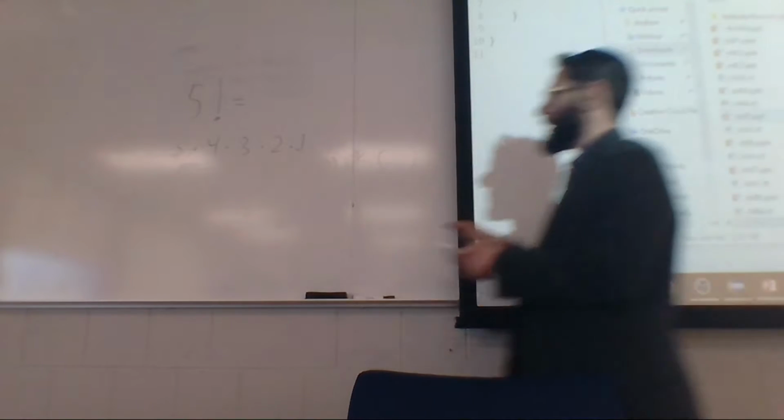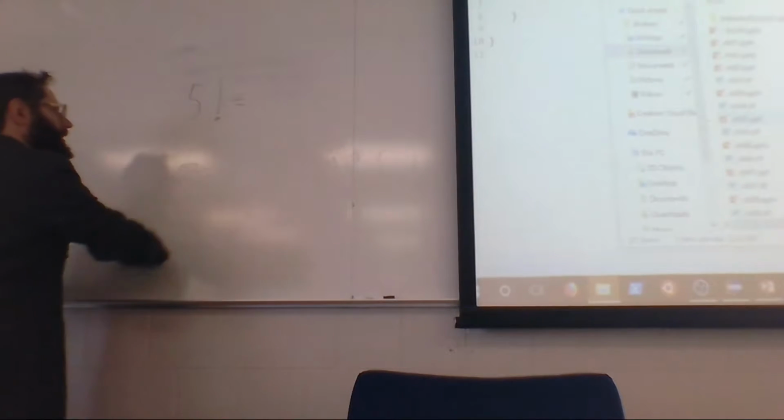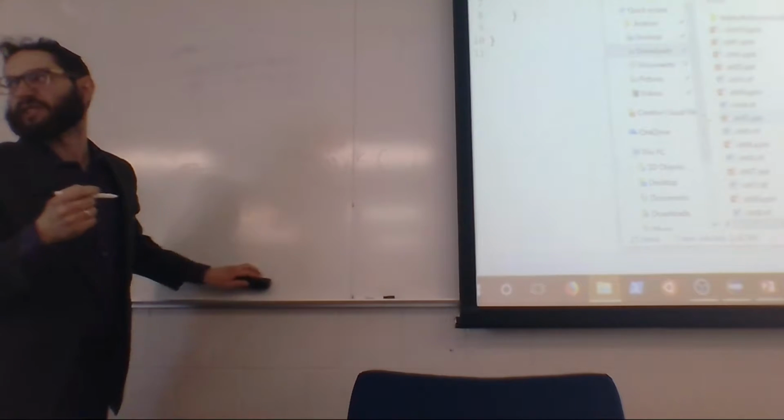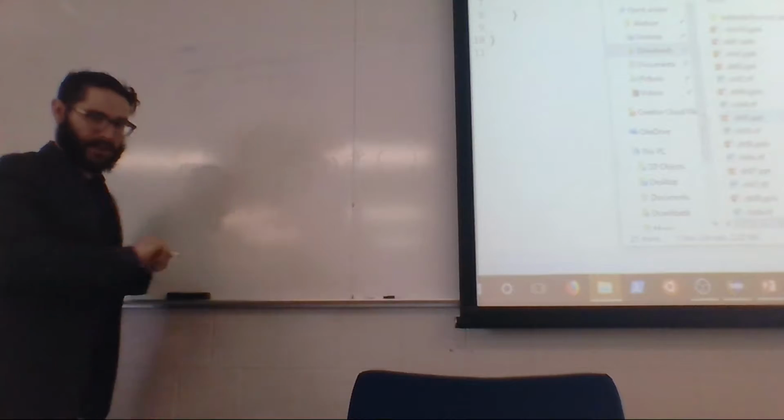Okay. 5 times 4 times 3. And we can create a function that solves this iteratively, right? We could totally write something along the lines of, and I'll be using this marker again, so don't worry, I didn't just take it for no reason.